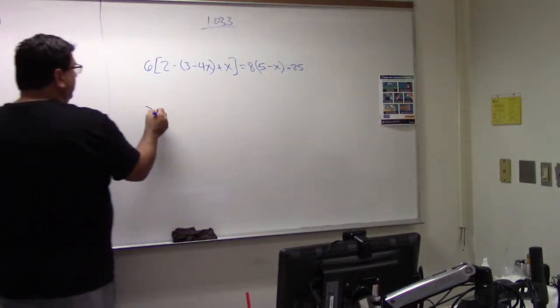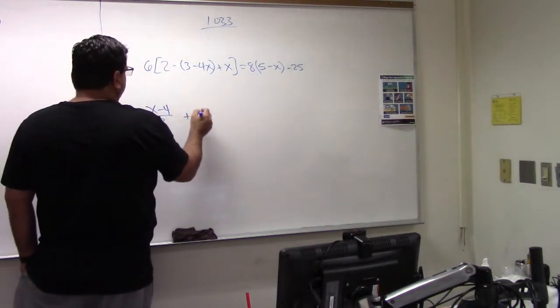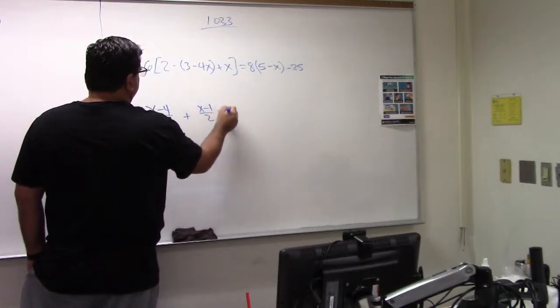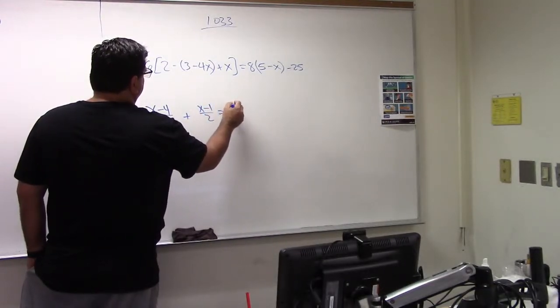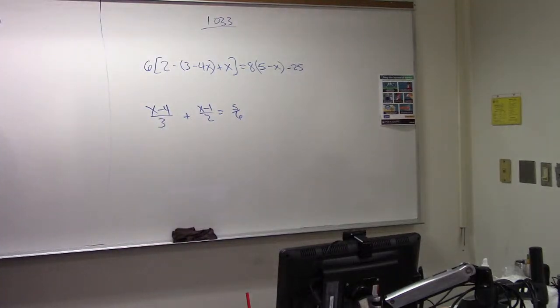And then let's go here, x minus 4 over 3 plus x minus 1 over 2 equals 5, 6. All right, so you're trying that. All right, pre-calculus, we're on you.